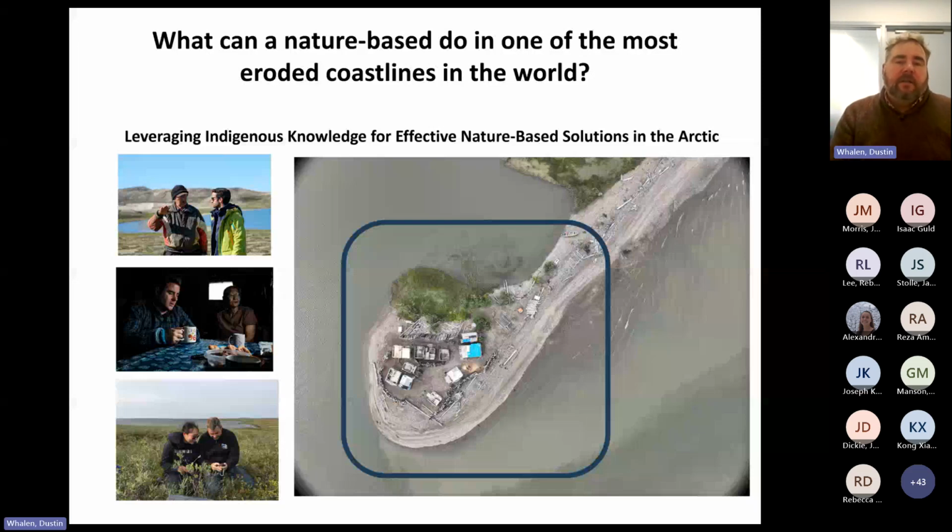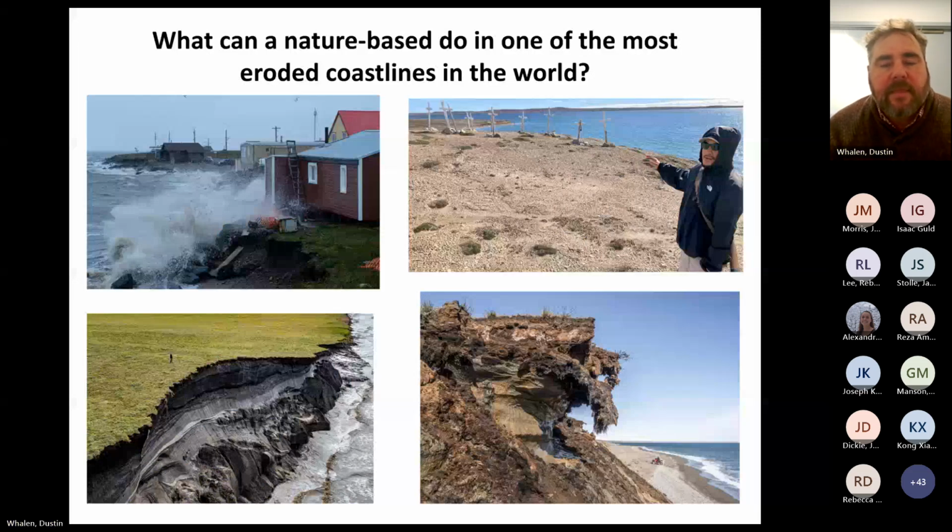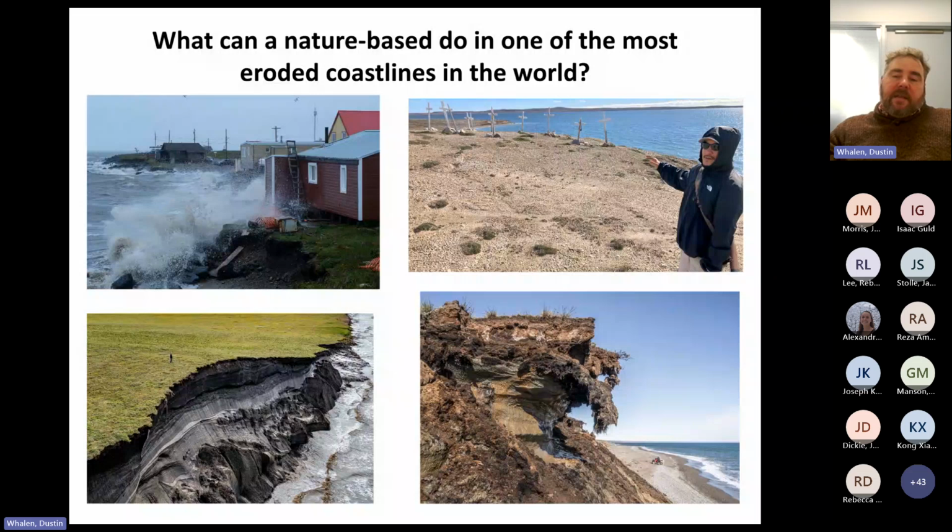So no matter what the coastline looks like, I think you have to look at it from a different perspective, and not all perspectives, in my feelings, should come from a southern-based scientist or engineer. I think there's a lot of things within the Inuit and Inuvialuit culture that have been maintained through the years that are really helping and form, in a sense, a nature-based solution in its own.